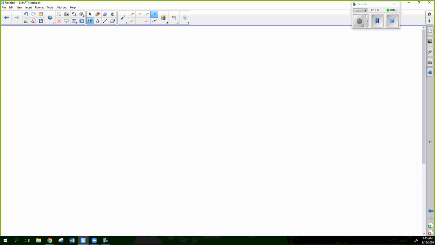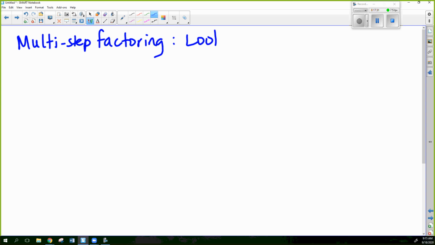Now we're going to look at some multi-step factoring. All that's going to be is you're going to need to look for a GCF first, then factor. I mean, GCF is part of factoring, but then factor the trinomial.